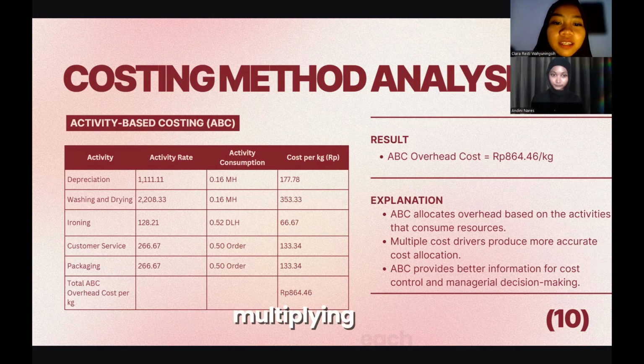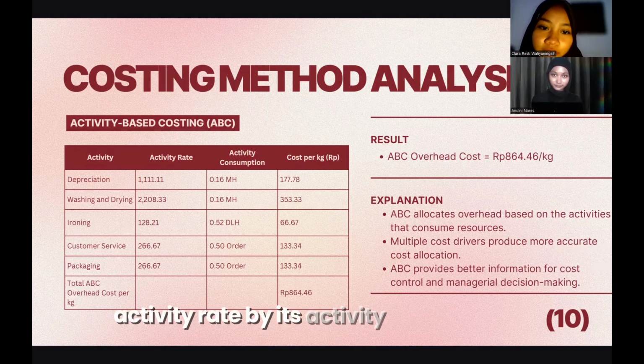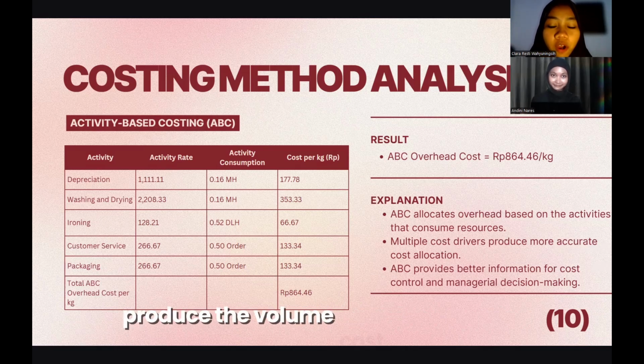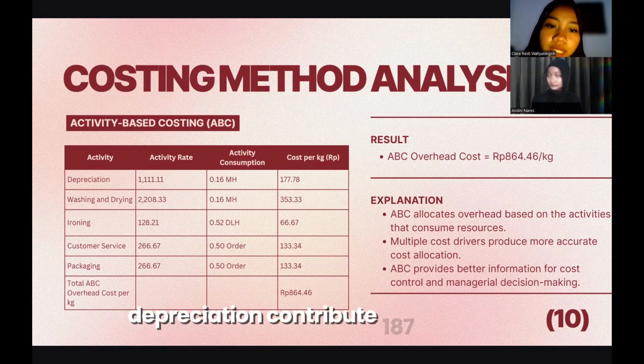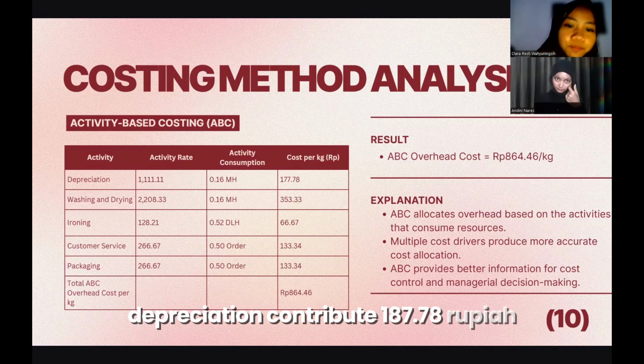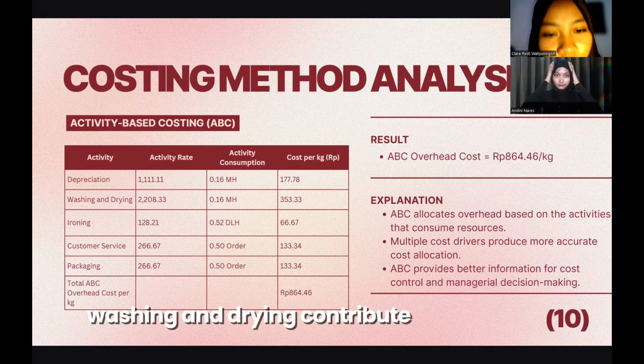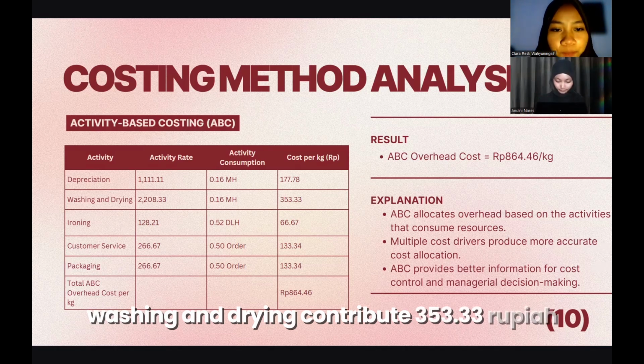Then multiplying each activity rate by its activity consumption produces the overhead cost per kilogram. Depreciation contributes 187.78 rupiah. Washing and drying contribute 353.33 rupiah.